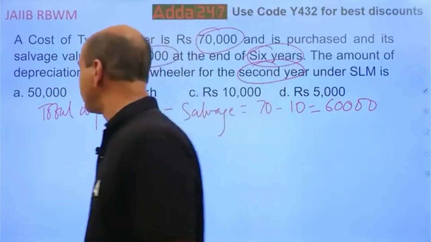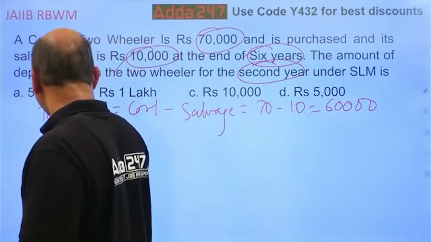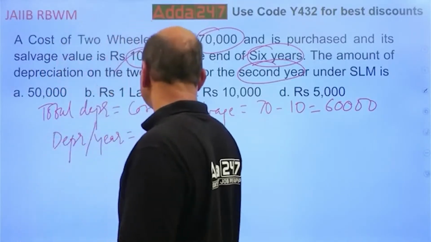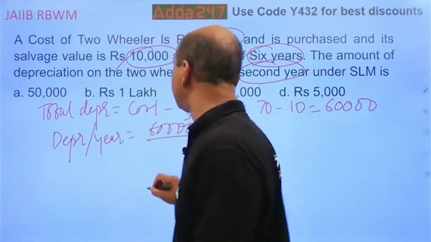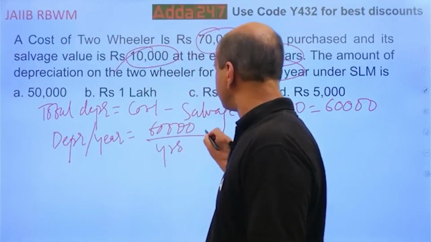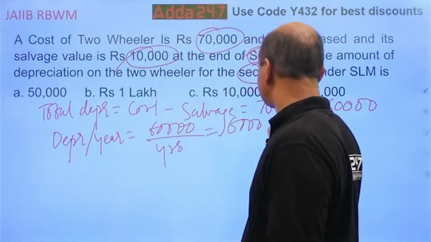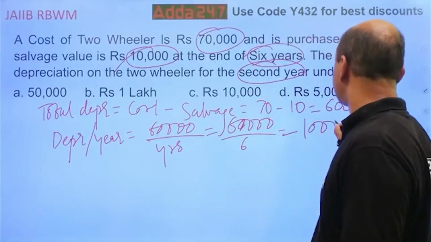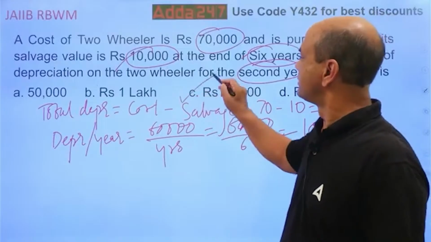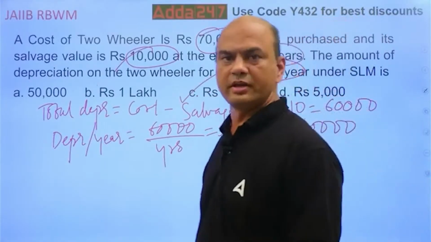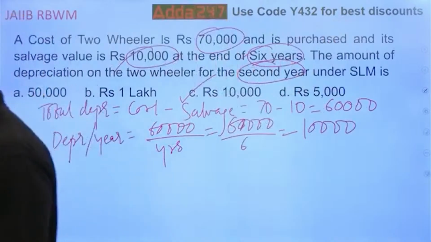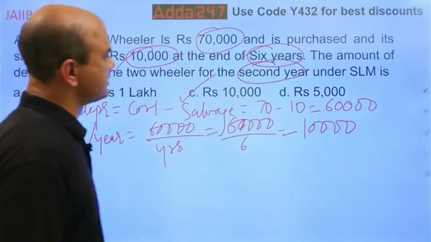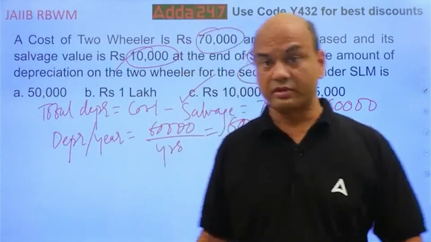So depreciation per year equals 60,000 divided by years, which is 60,000 upon 6, that is 10,000. That is the answer. 10,000 will be the depreciation per year. Got it? Everyone clear?